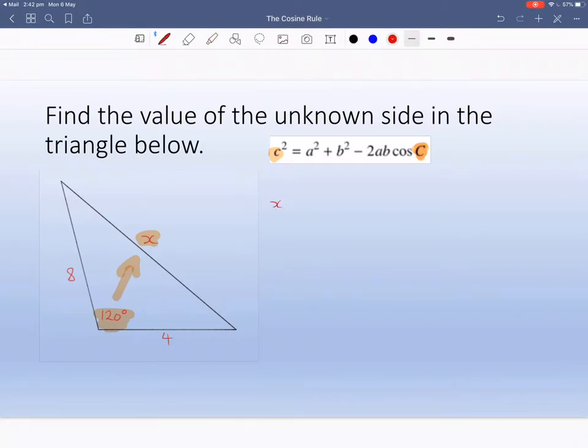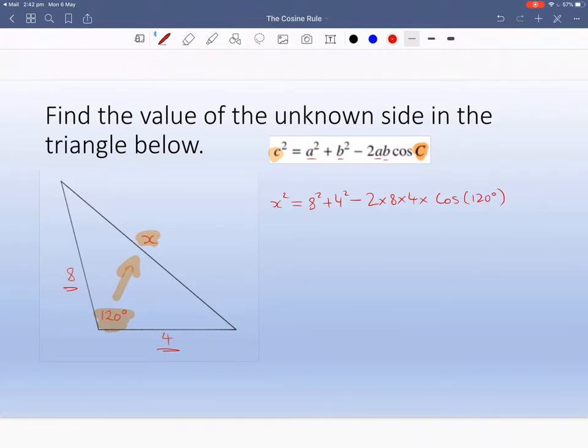It's going to be x squared, because that's what we need to find, equals a squared plus b squared. It doesn't matter which one we use of these two. So let's go x squared equals 8 squared plus 4 squared minus 2 times 8 times 4. See how it's ab, ab, okay? And then we're going to go times cos of 120.